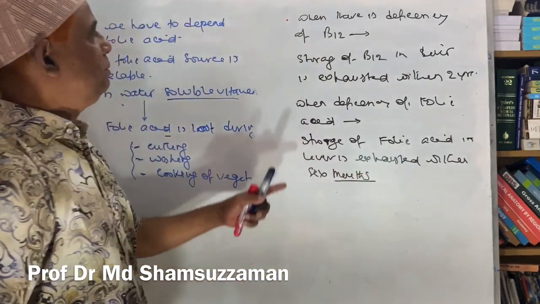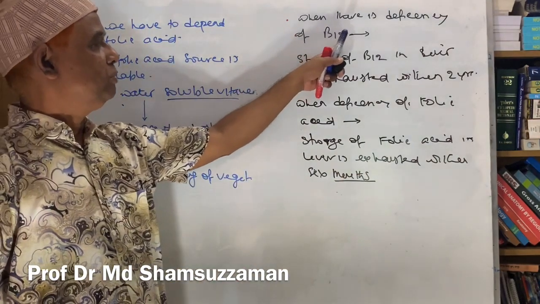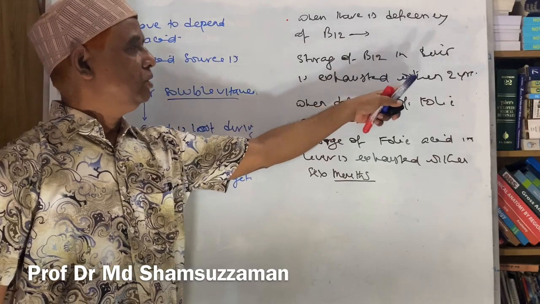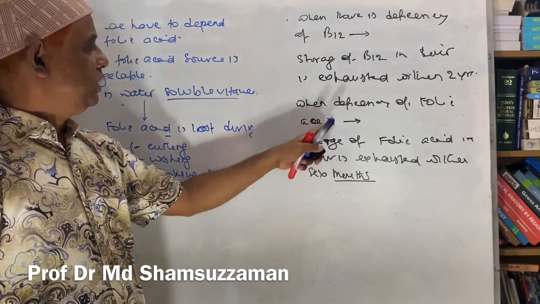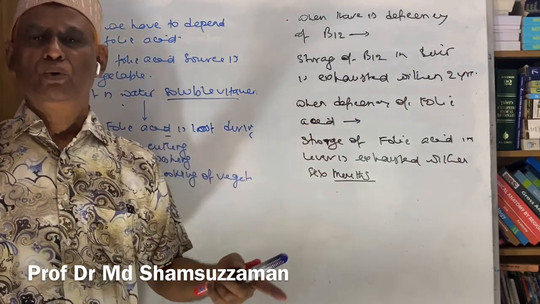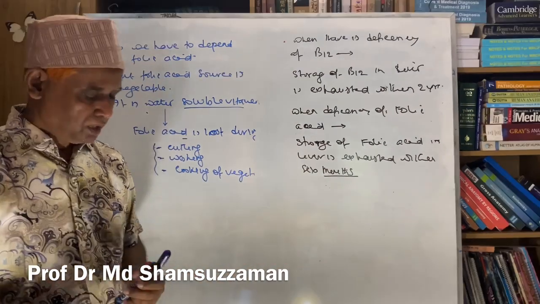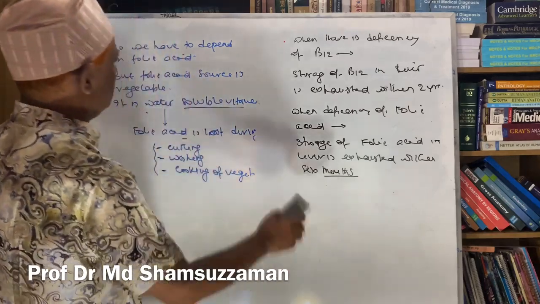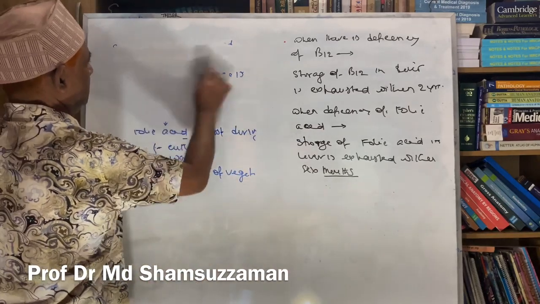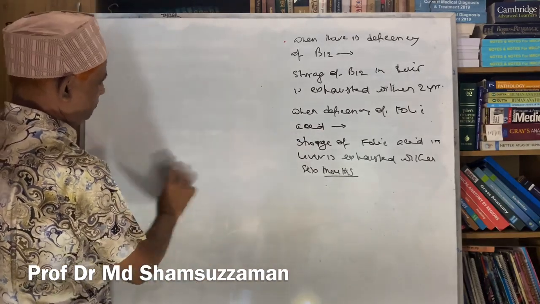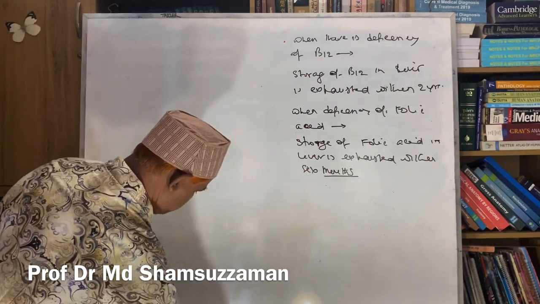So, when deficiency of vitamin B12, exhaustion requires 2 years, but when deficiency of folic acid, exhaustion requires 6 months. So, folic acid deficiency is more common than vitamin B12 in our context. Now come to laboratory diagnosis of megaloblastic anemia.